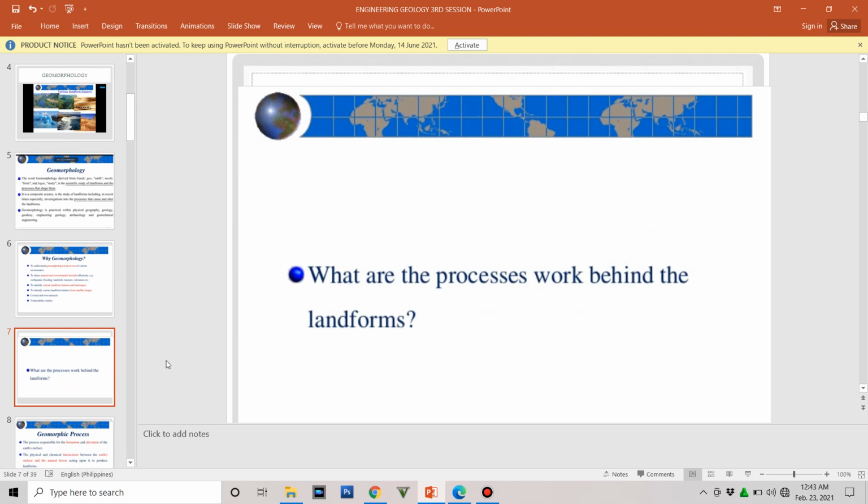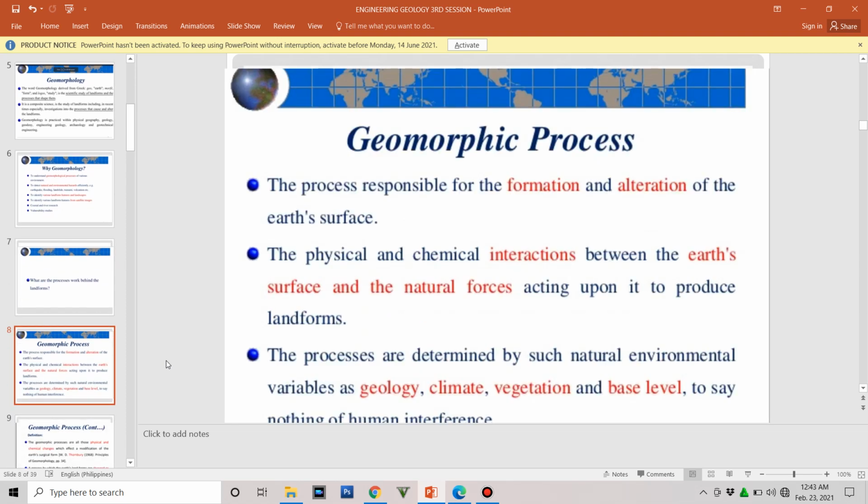So what are the processes behind the landforms? Geomorphic process is the process responsible for the formation and alteration of the Earth's surface. It is also the physical and chemical interactions between the Earth's surface and natural forces acting upon it to produce landforms.